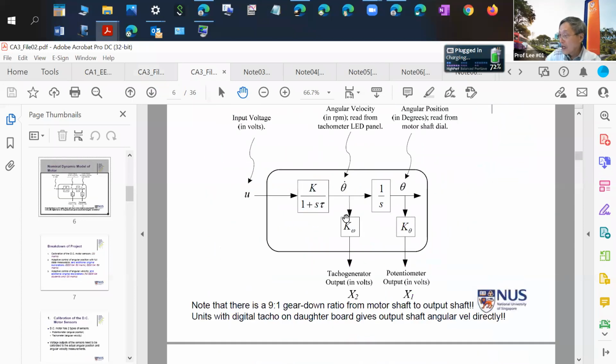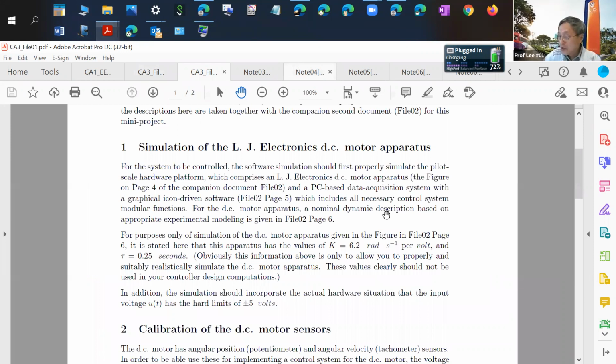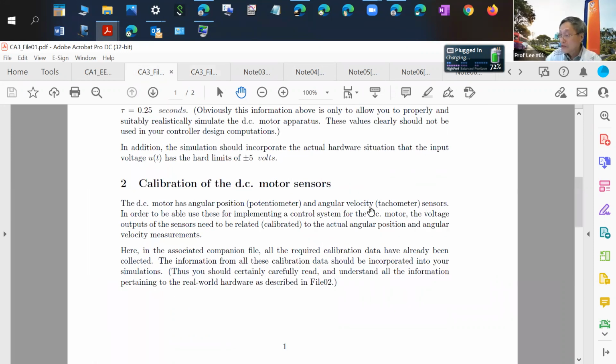Of course you're simulating this, but I want you to work with the situation that all you have is voltage coming in, voltage coming out, and you work with the calibration data. Make sure that all of that is in the work that you do. So as I said, take my calibration data in file 02, and then bring it back into whatever simulation you're doing.